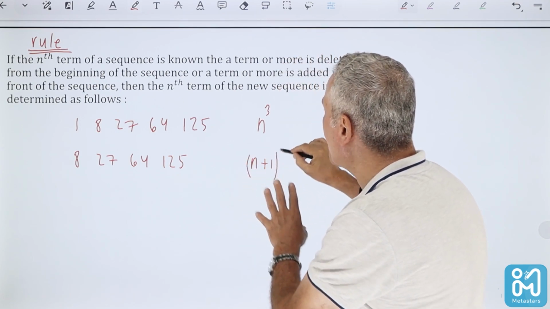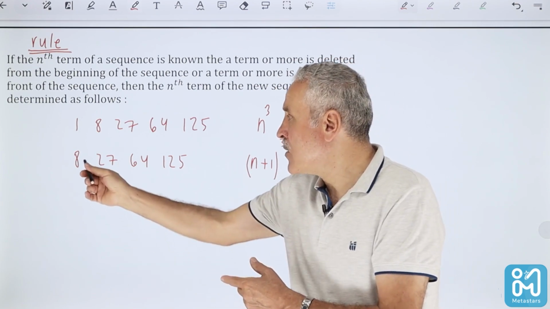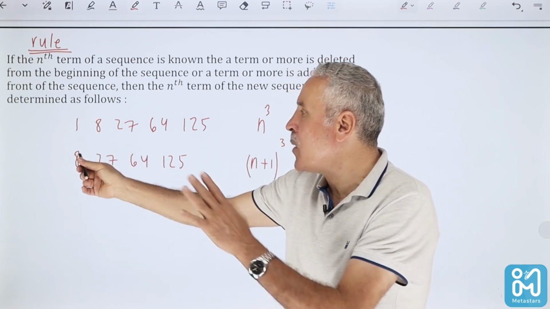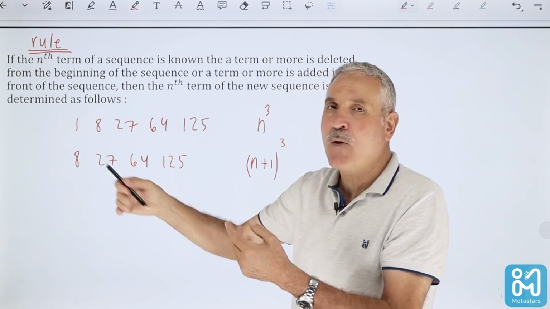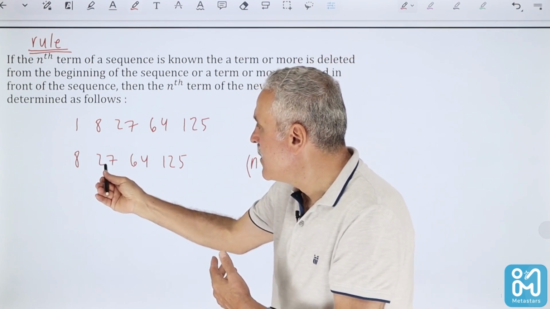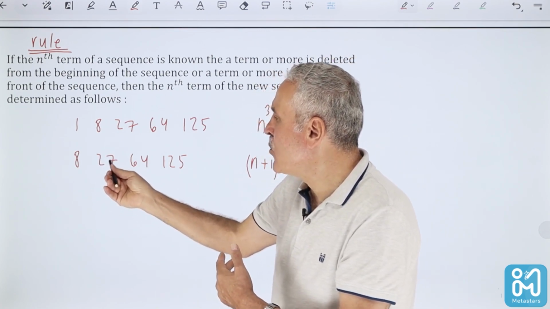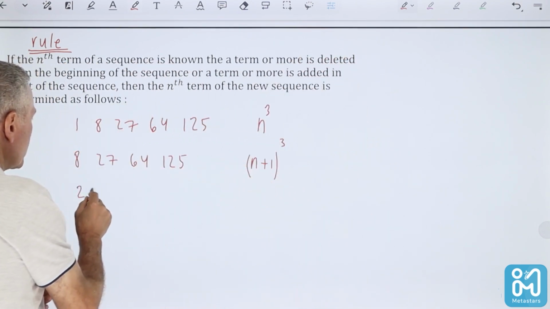Instead of n, we'll have n plus 1 cubed. The reason is because when we have n equals 1, you add 1 to it first. So you have 2, then you cube. Every time you add 1 to n, and then you cube the answer for the second term. 2 plus 1 is 3. 3 cubed is 27.